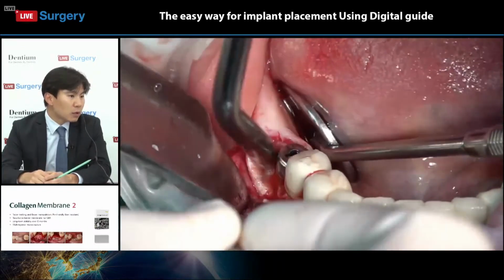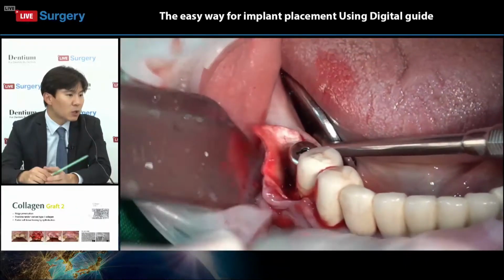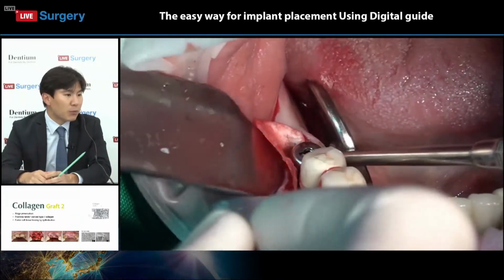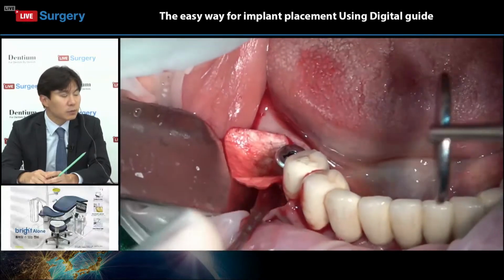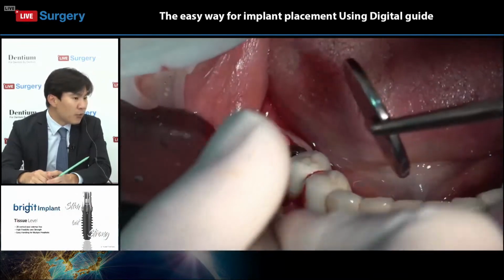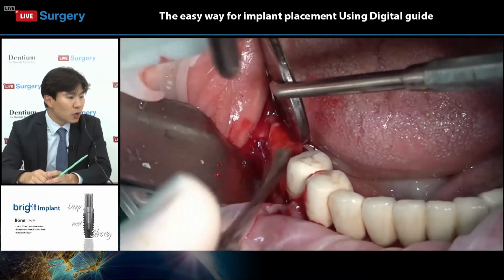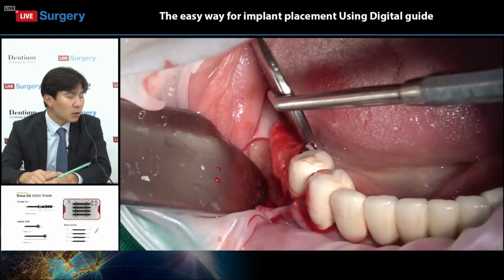Now the membrane looks very stable because of the lingual part of the membrane and the healing abutment. And he's making a space below the membrane to apply the bone substitute material maybe.